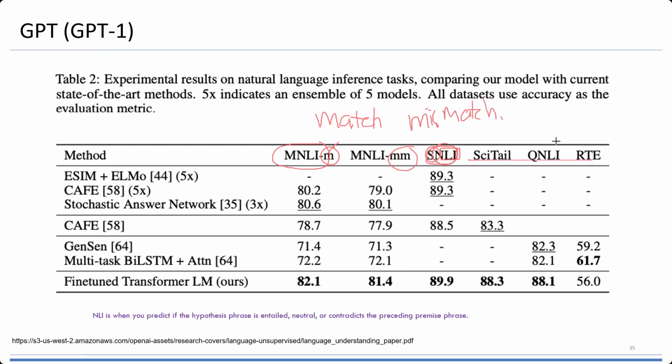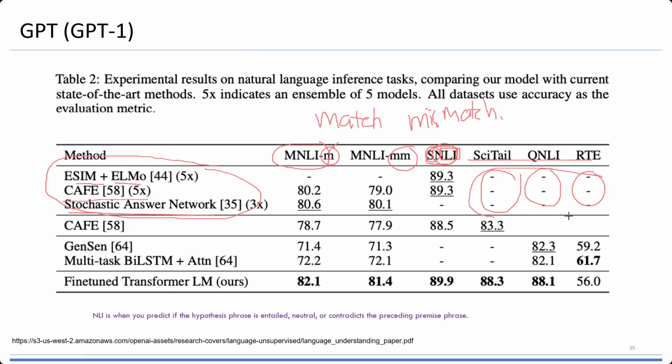Okay, so I already explained all this. Some of them may not provide this task because of the limitation. For example, this is the ESIM and Elmo, this is using CAFE, and this is using the stochastic answer network.